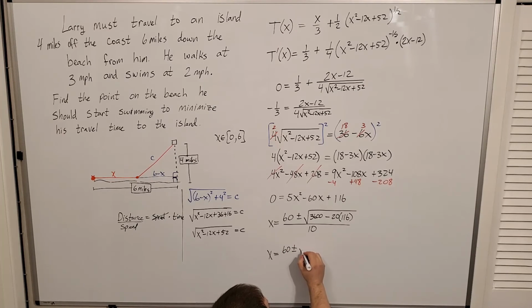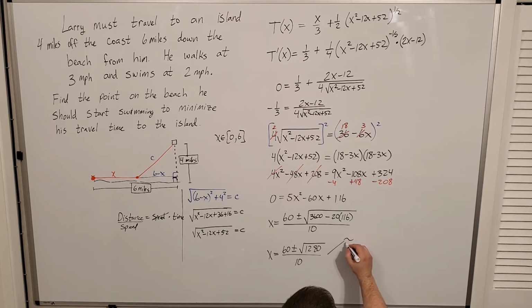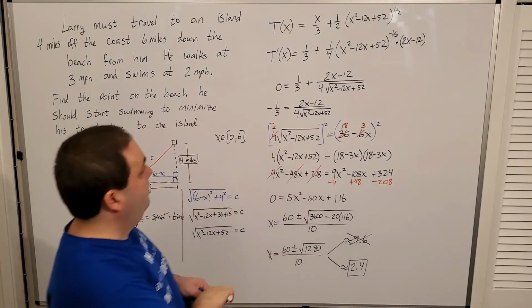So 60 plus or minus square root of 1280, over 10. Let's see, that is approximately 9.6, or around 2.42. So obviously 9.6 is not going to work, and 2.4 is, right?